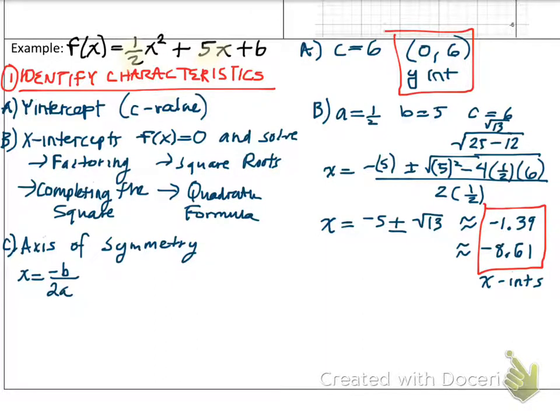Anytime we have standard form, we know our a and b values, so we can always plug in. In this case I'd have x is equal to negative 5 divided by 2 times 1/2, and I get negative 5 over 1, or just negative 5, and that would be my axis of symmetry.